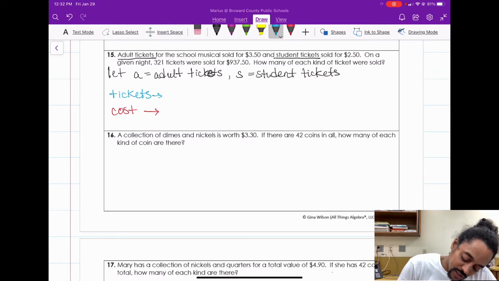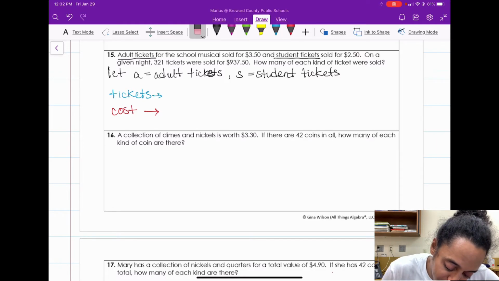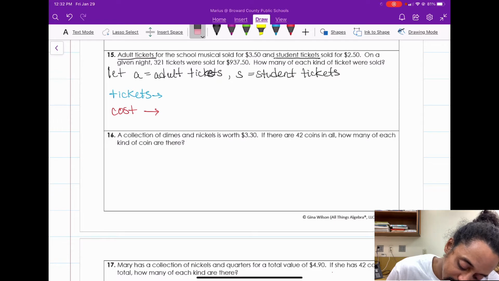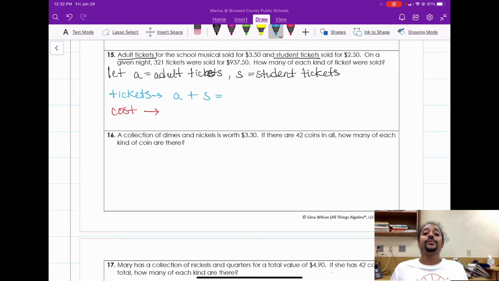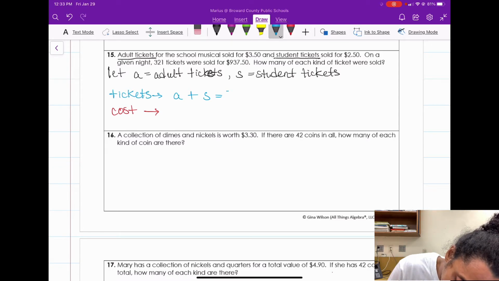So let's figure out the tickets one. We know that adults attended the musical, so A, and we know that students went to the musical. We don't know how many of each, but we know how many people went all together, 321. That means that 321 tickets were sold.